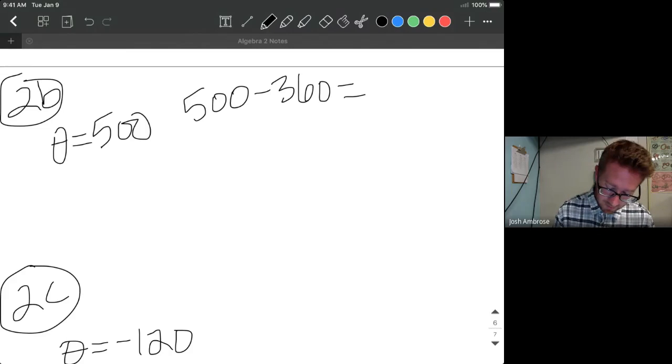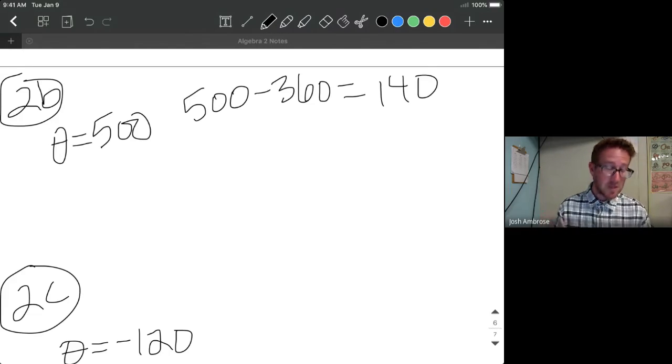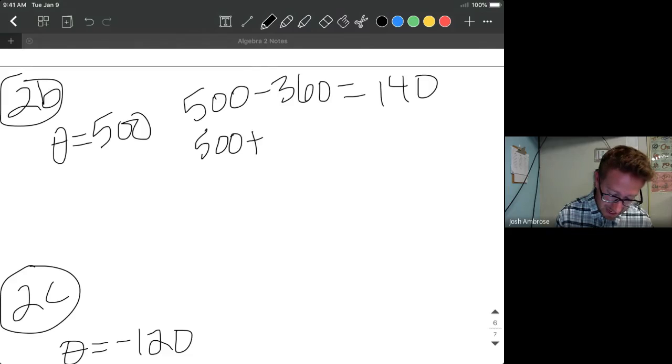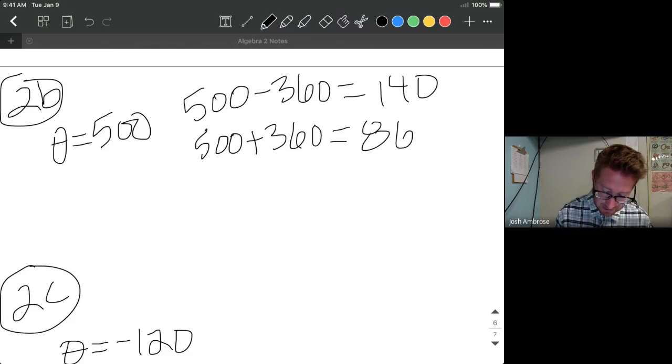You're going to get 140. 140 could be considered your positive coterminal angle. Or you could take 500 and add 360 to that, and you could get then 860. That's also a positive coterminal angle.